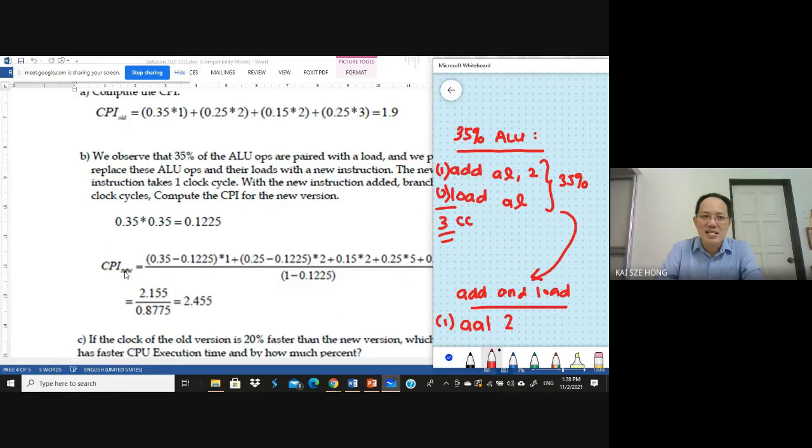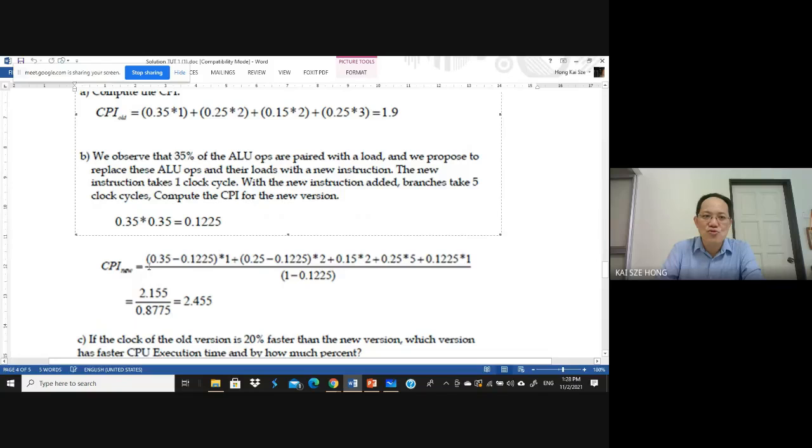So the new CPI equals 0.35 minus 0.1225. This is the original ALU operations that have been taken out. 12.25% has been taken out. Originally we have 35%, so now you take off 12.25, and you multiply this percentage by 1, plus 0.25.